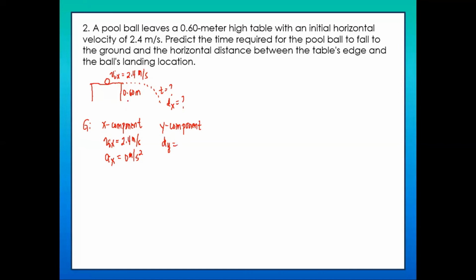Yan yung edge, height ng table. So, negative natin yan. Okay? And we have always acceleration for the y component na negative 9.8 meter per second squared. Okay? So, moving forward, ang hinahanap natin for the required is your d sub x and the time.